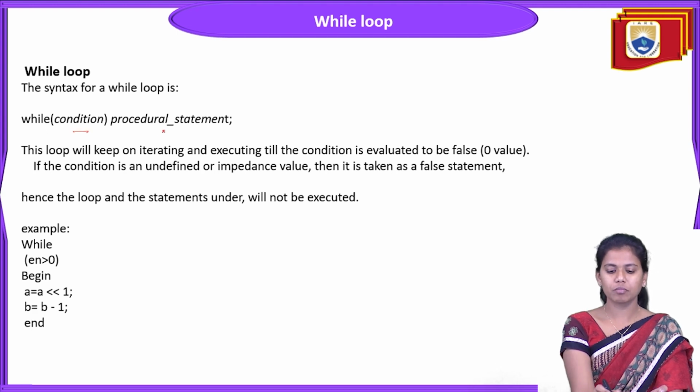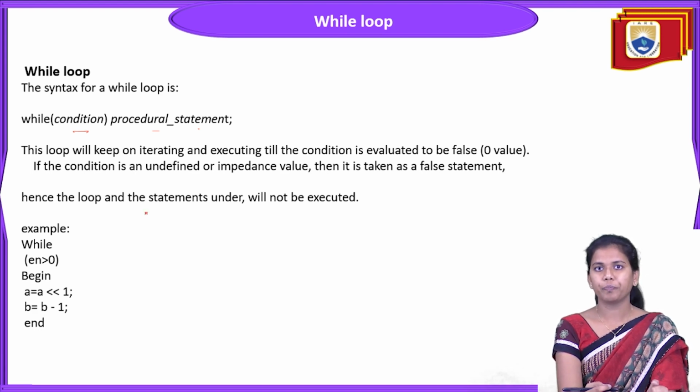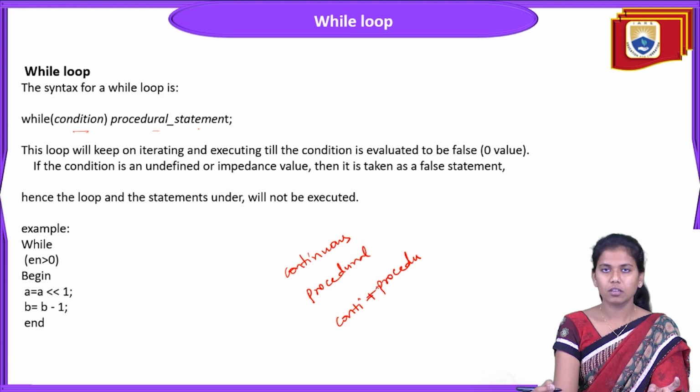condition procedural assignments. So coming to the procedural assignment, in the previous module 1 I guess, we had discussed different types of statements: procedural statement, assignment statement, procedural continuous assignment statement. And when it comes to the continuous statement, we had discussed continuous statement, procedural statement, and continuous procedural statement, isn't it?